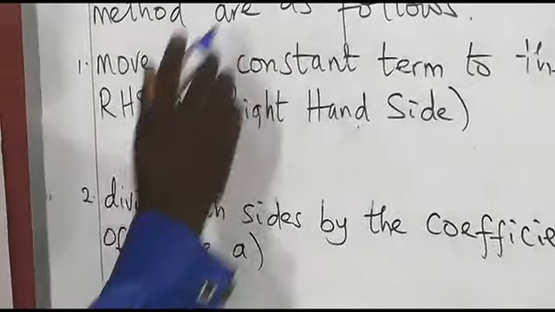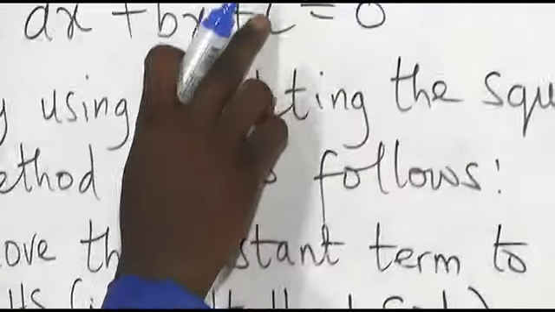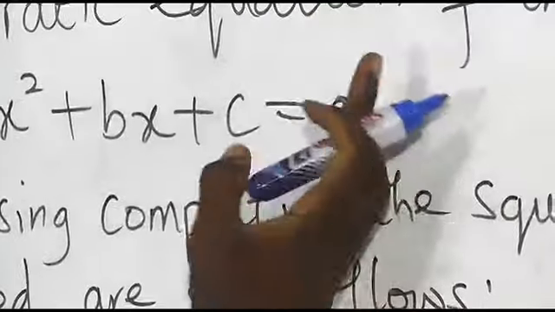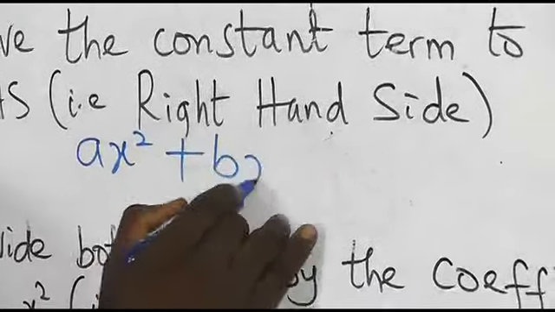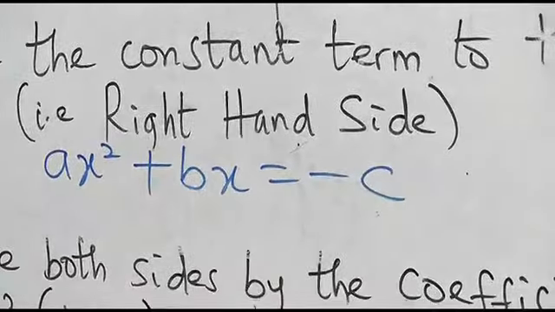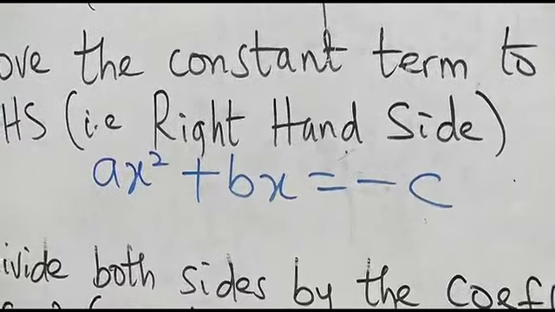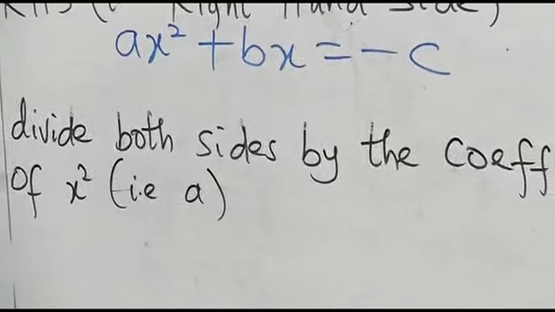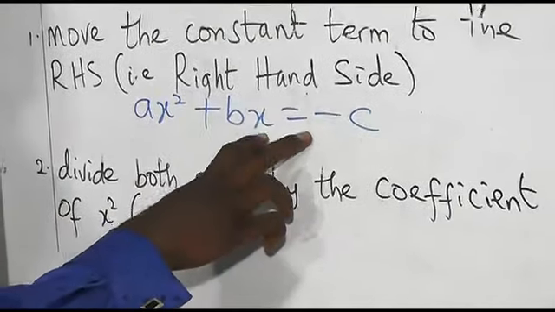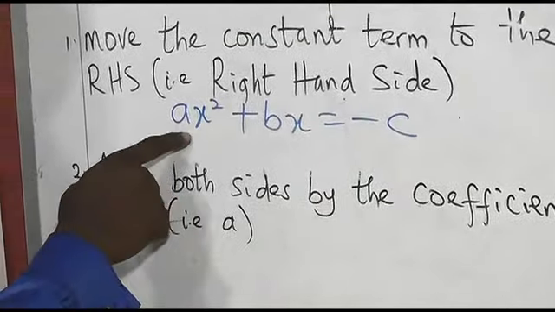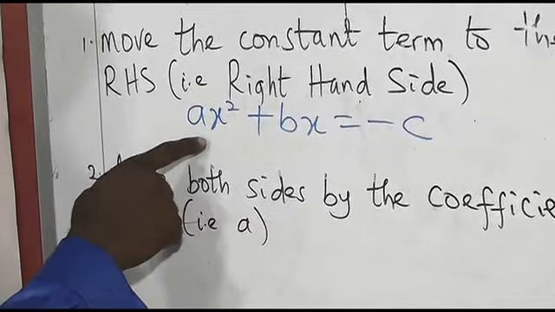So it means that this constant term will be moved to the right hand side. Then you have ax squared plus bx equals minus c. The second step says, divide both sides by the coefficient of x squared. The coefficient of x squared here is a.